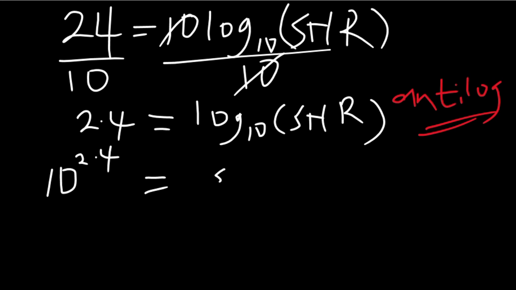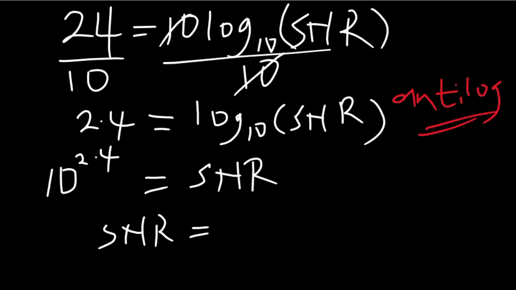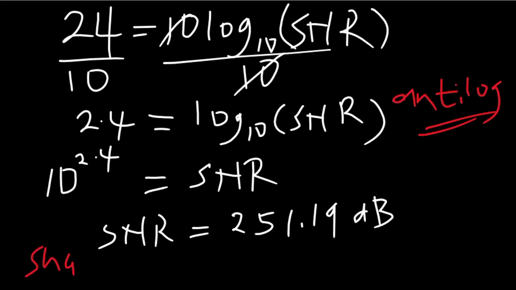The anti-log of 2.4 is 251.19. Alright, so now we've been able to find our signal to noise ratio, and we have our answer to be 251.19.